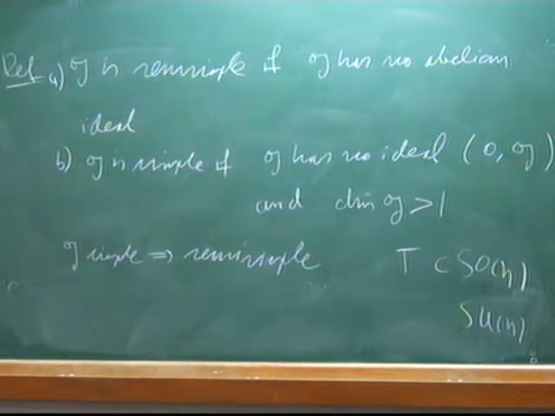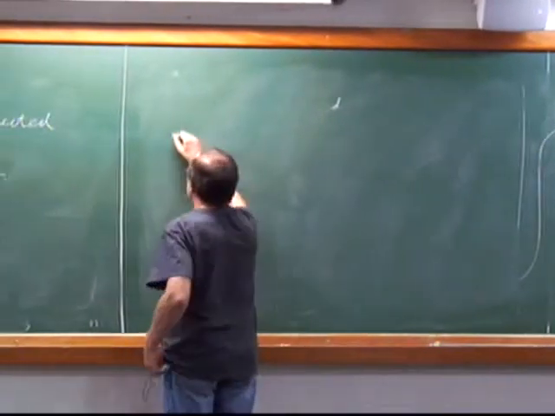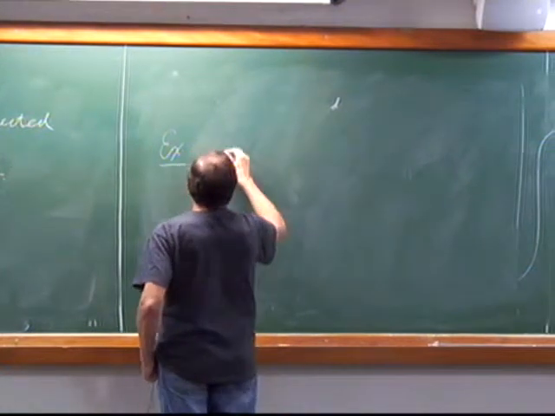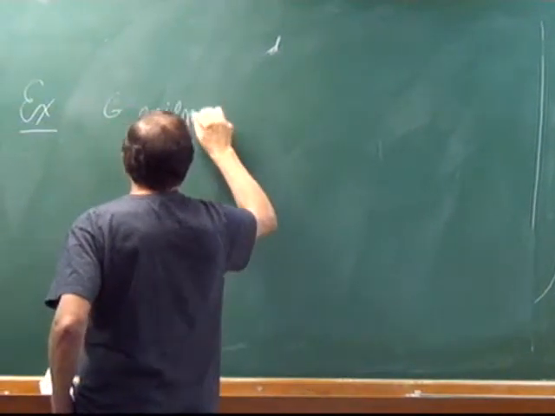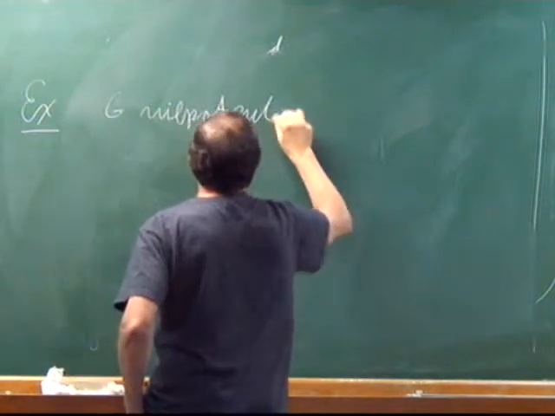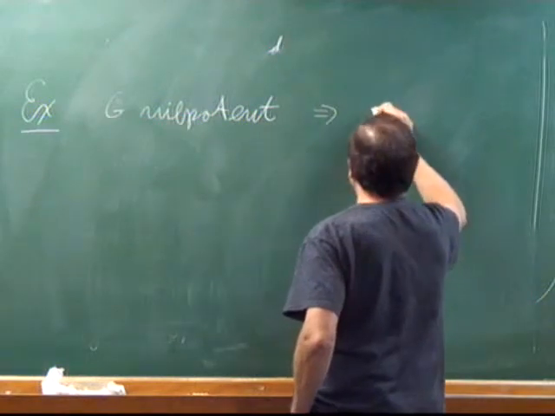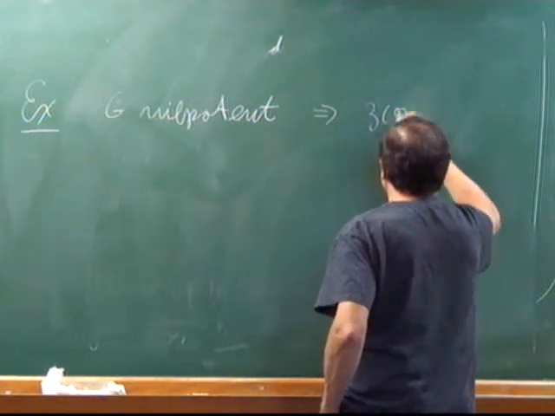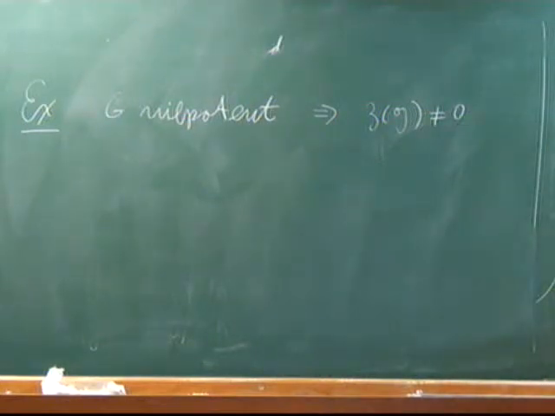So one quick application. Example, let's assume G is nilpotent. Remember, this implies that the center of the Lie algebra is non-trivial, because the Lie algebra is nilpotent.